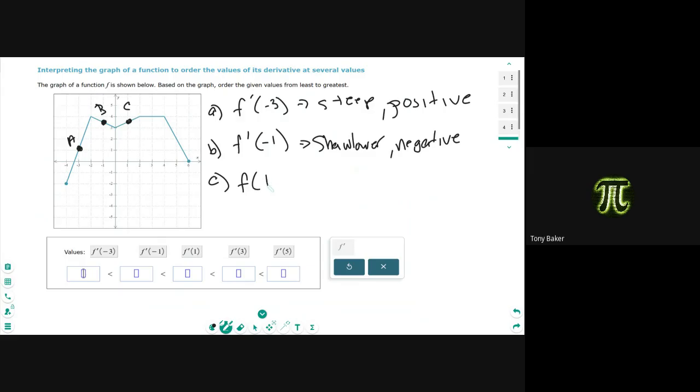All right, what about f of 1? What about f prime of 1? Not ones that have answered me. Positive. It's positive. How does it relate to the other ones we've already found?